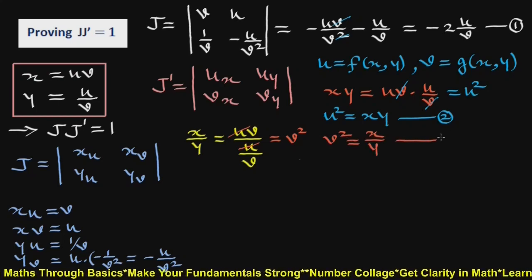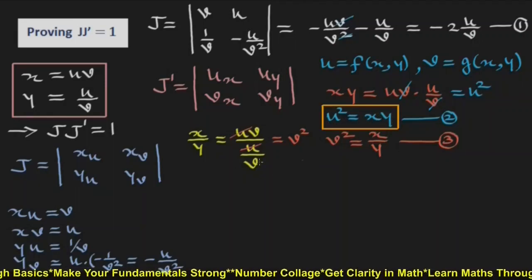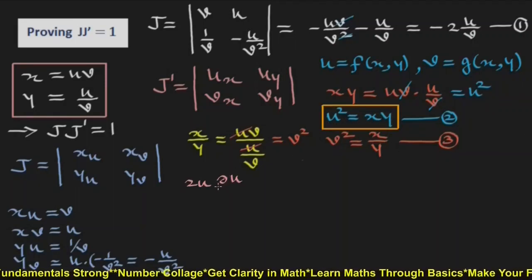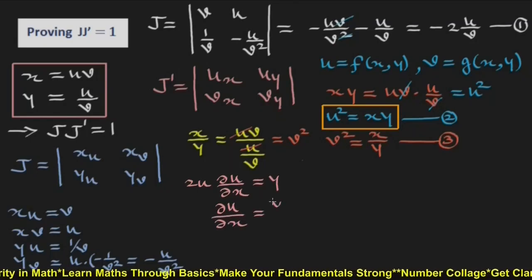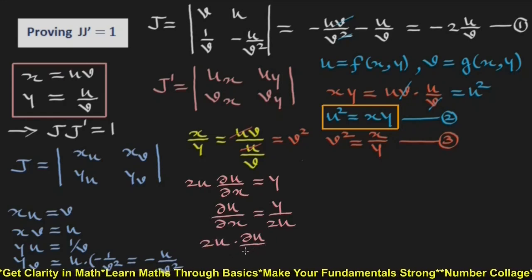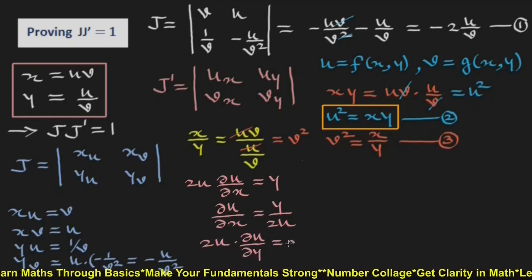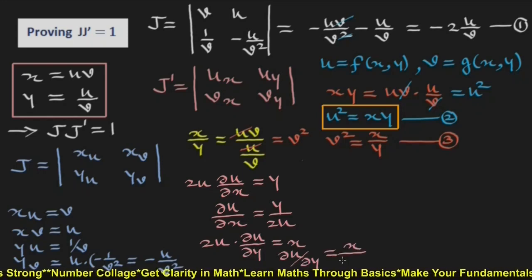We name this 3. From u square equals xy, we get 2u ∂u/∂x equals y, ∂u/∂x equals y upon 2u, and also 2u ∂u/∂y equals x. So ∂u/∂y equals x upon 2u.